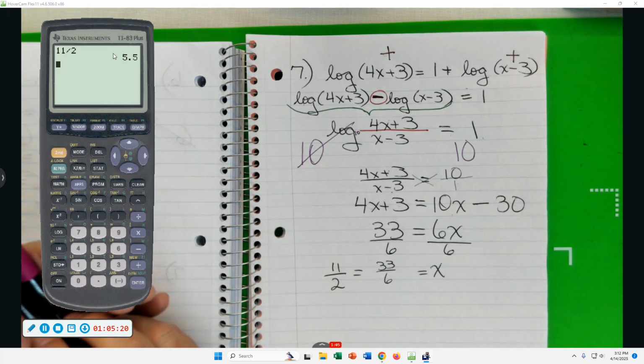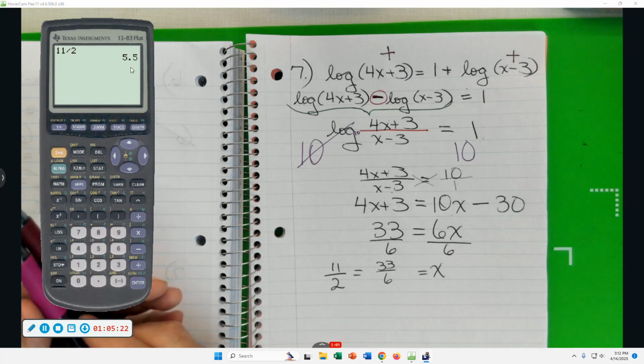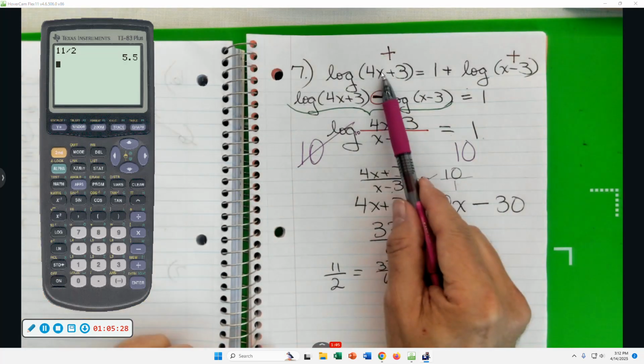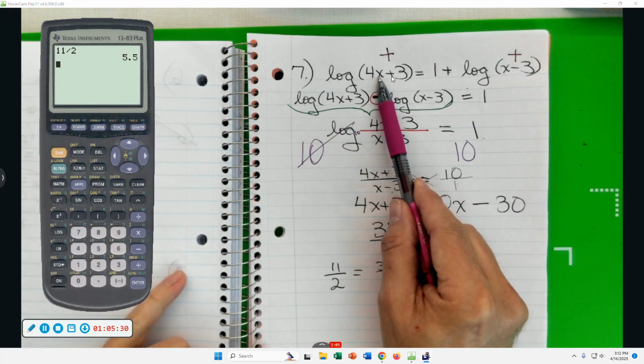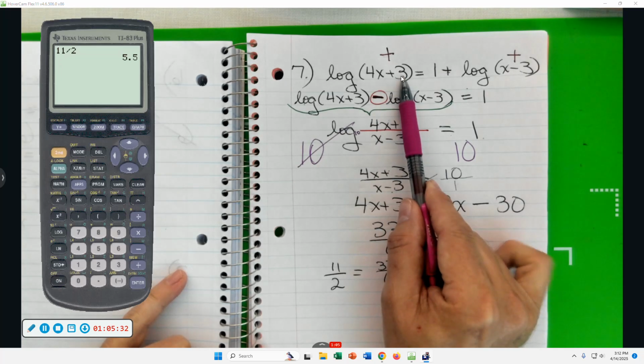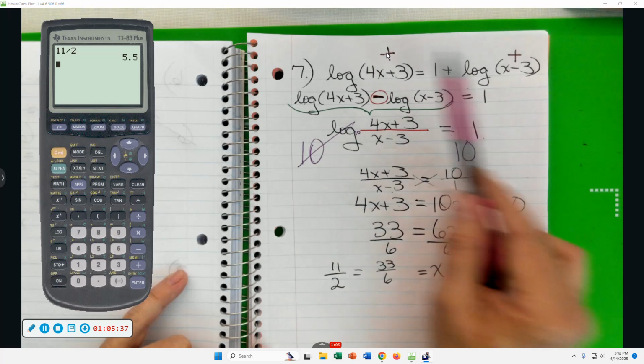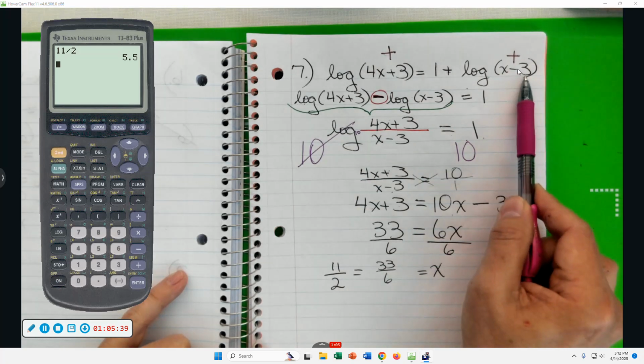It might be easiest just to think of it as a decimal. 11 halves is what? 5 and a half, so 5.5. 4 times 5.5 would be bigger than 20, plus 3, something bigger than 20 plus 3, that's positive. What about 5.5 minus 3? Is that positive?